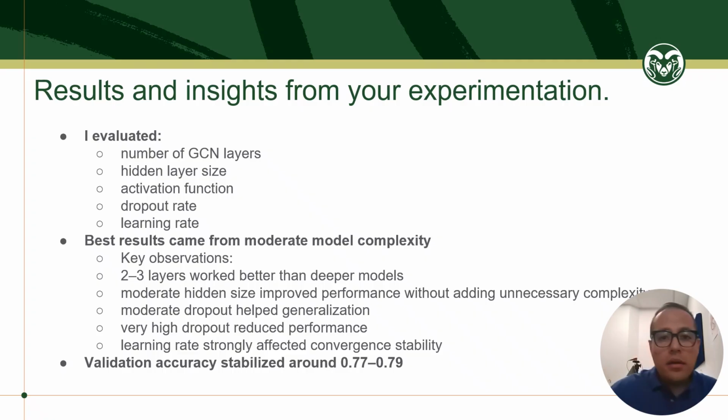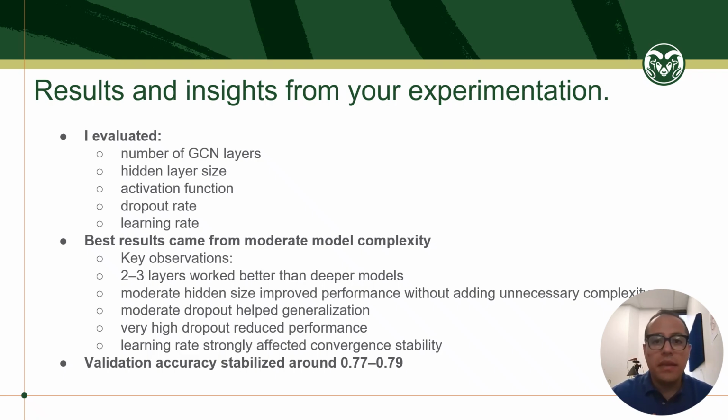The model is learning from both the node features and the relationships between connected nodes. Okay, I'm going to start with the results, insights from my experimentations. As I mentioned, what I evaluated was the number of GCN layers, hidden layer size, activation function, dropout rate, and learning rate. From the experiments, I found that moderate model complexity gave the best overall performance.